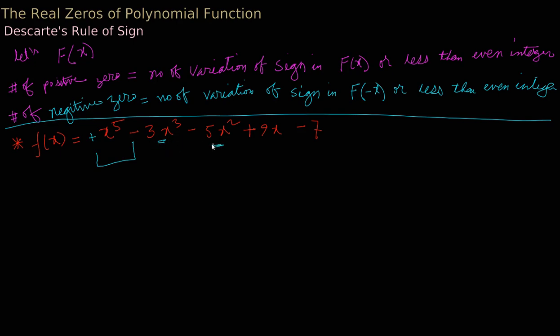Negative to positive is another sign variation. Positive to negative is another sign variation. So in total I have 3 sign variations.